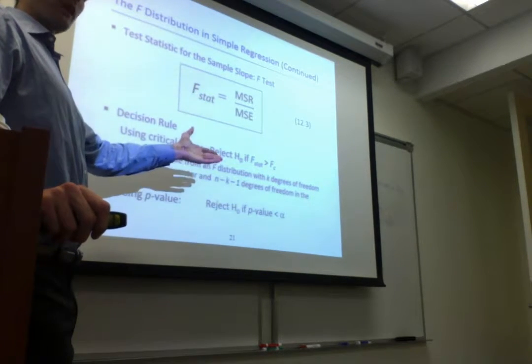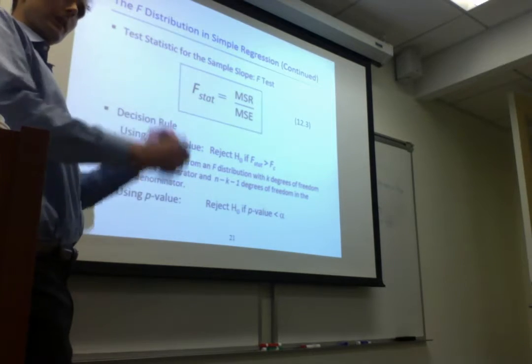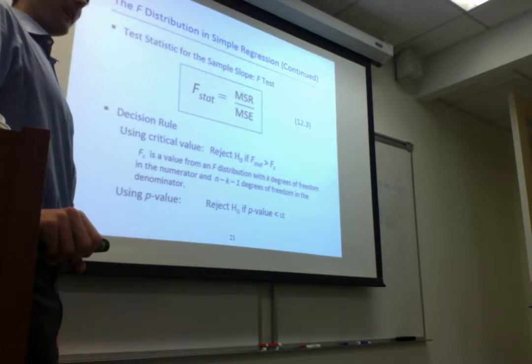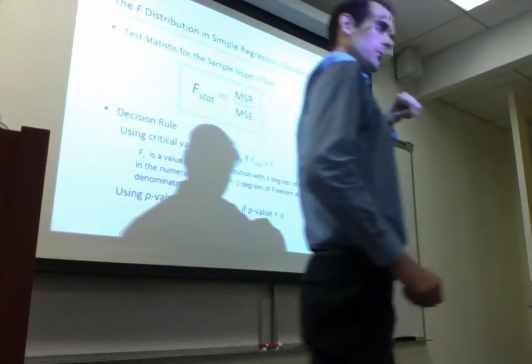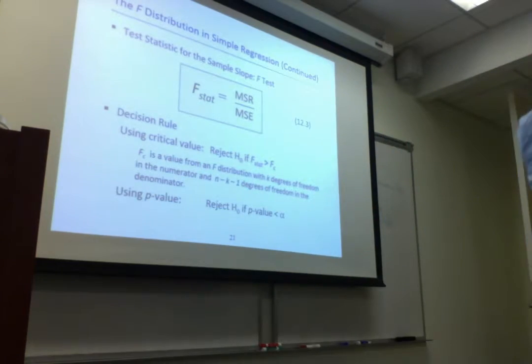P-value works the same way in somewhat of an opposite fashion. A high F stat means a low or high p-value? Low p-value. Exactly. And it is the same information.